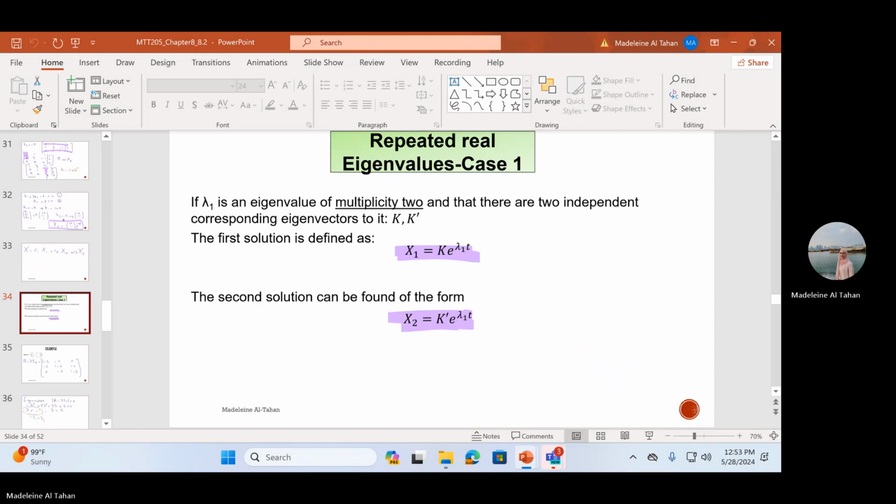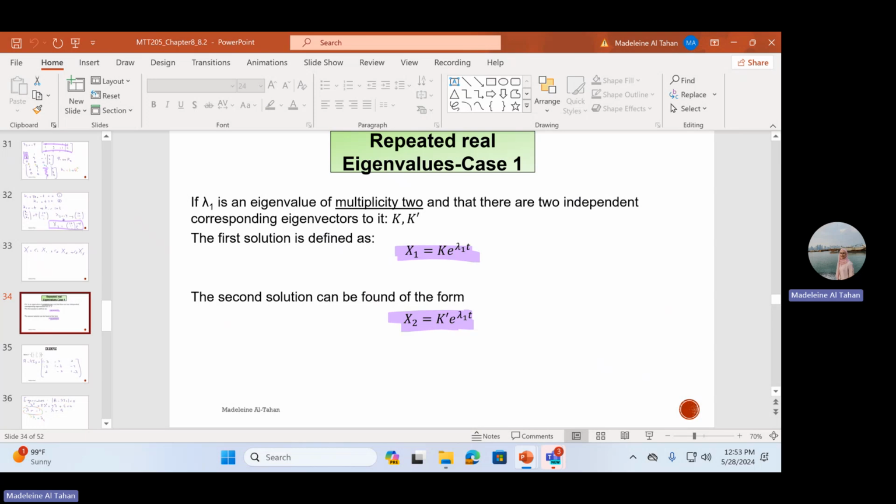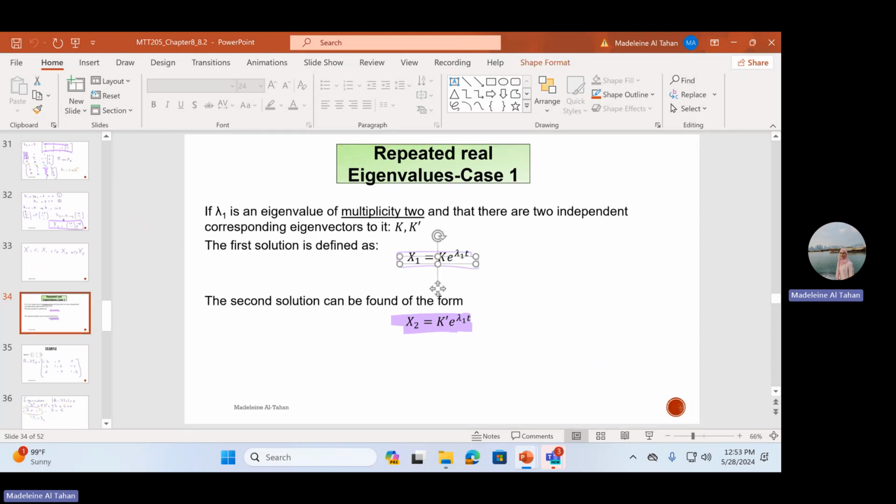So for the repeated eigenvalue, it has multiplicity 2 and it has 2 independent eigenvectors, so it's okay for us. We'll get the first solution as k1 e to the lambda t, and the second solution as the second eigenvector times e to the lambda t.